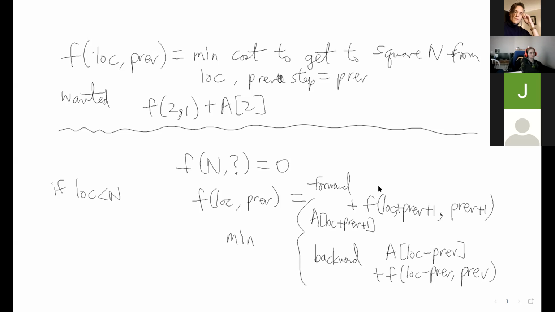Now whenever we do something like this, you always have to ask, are these indices making any sense? Remember that you only have squares 1 to n. So if an index is out of bounds, if you move forward and you move too far, don't use that branch.